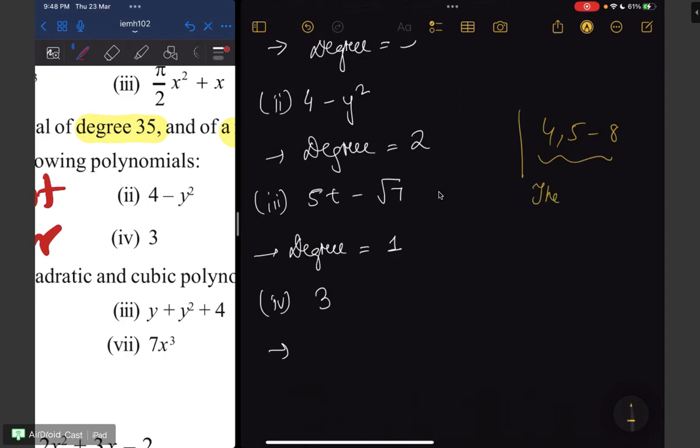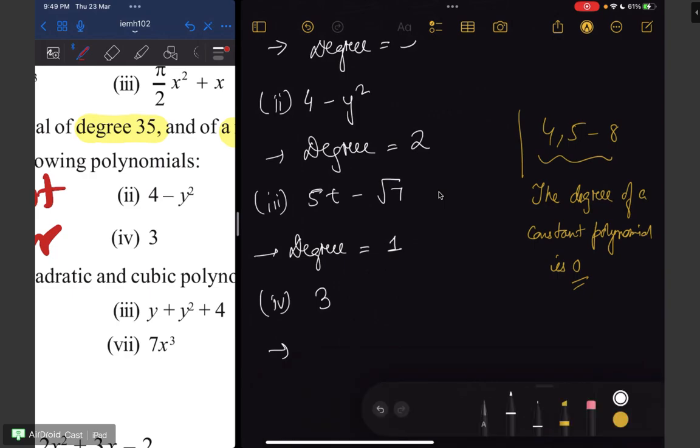It is already mentioned in the previous video that the degree of a constant polynomial is 0. Now here 3 is a constant polynomial, so what will be the degree? The degree is 0.